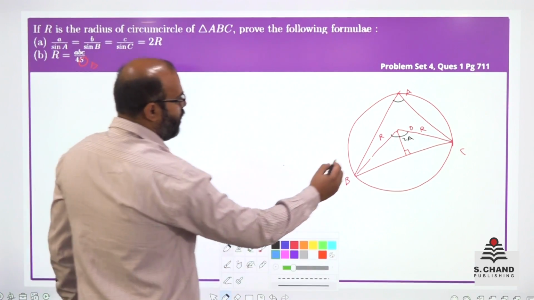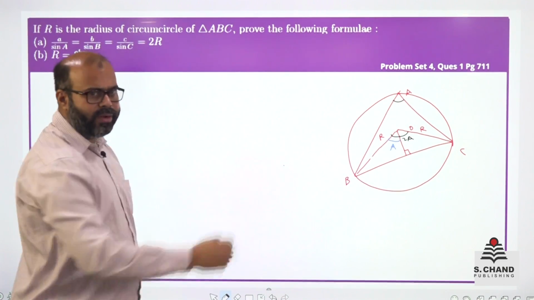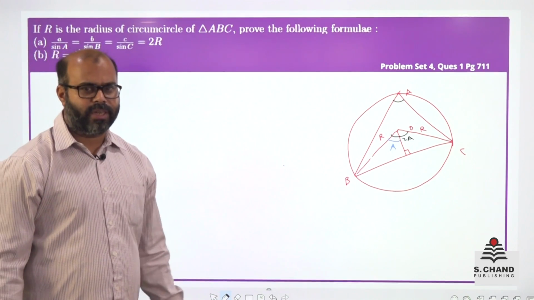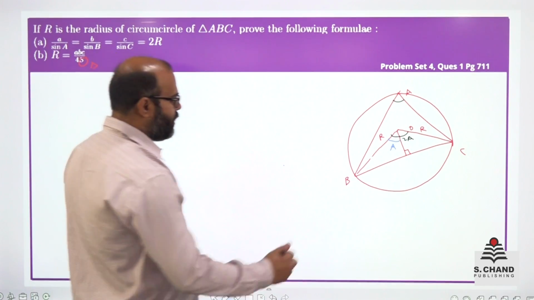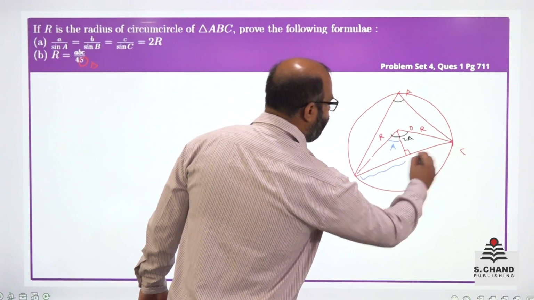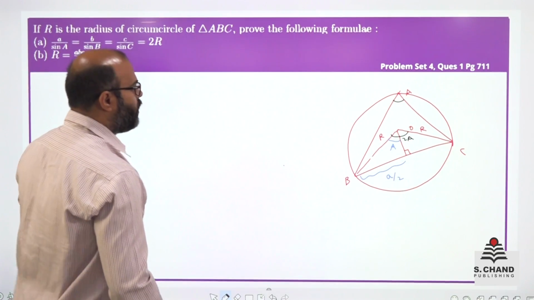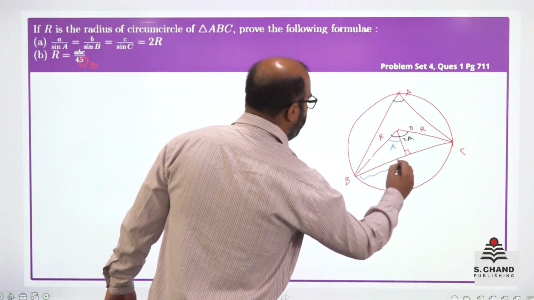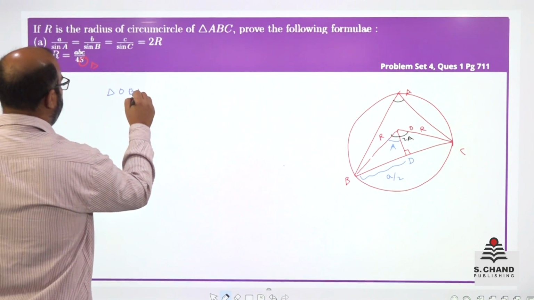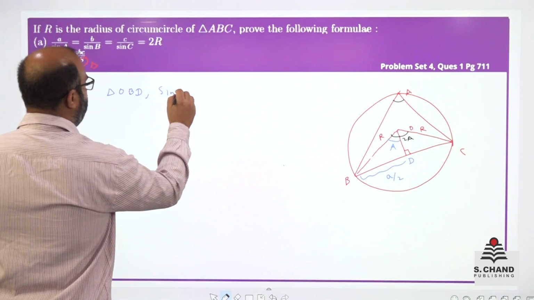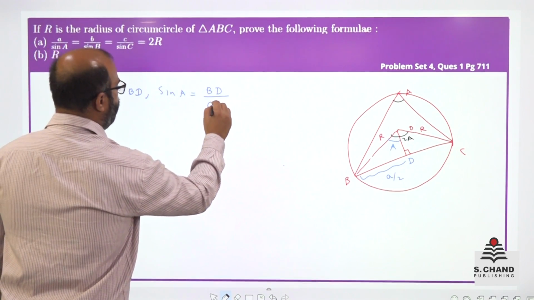Next, if this is 2A, this would be A, because these two are congruent triangles. When you drop a perpendicular from center on the chord, the two congruent triangles come up. And this distance is half of BC, which means a by 2. And this is R. So in this triangle OBD, you can apply sine A, which is perpendicular BD by hypotenuse OB.